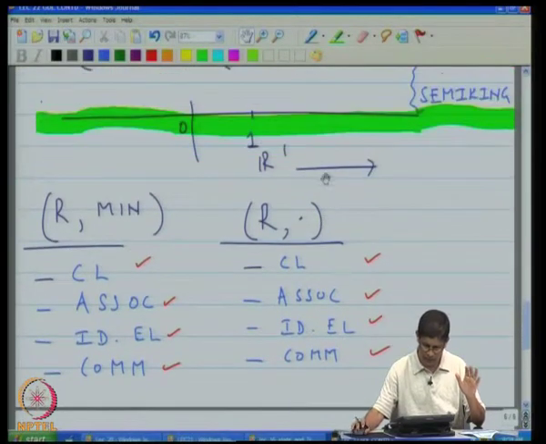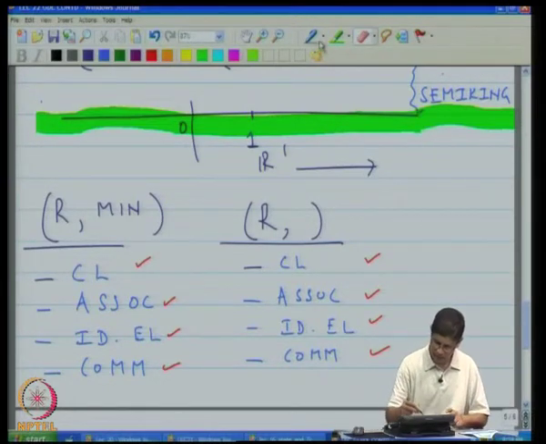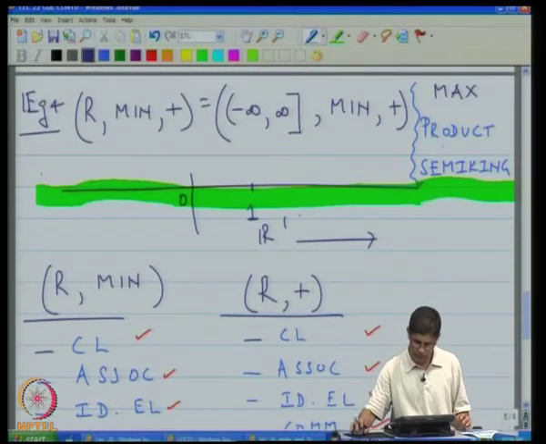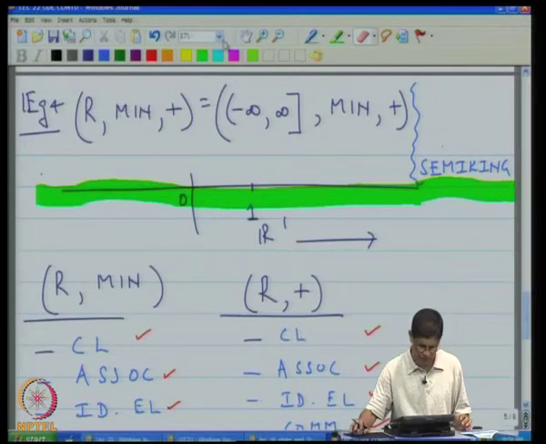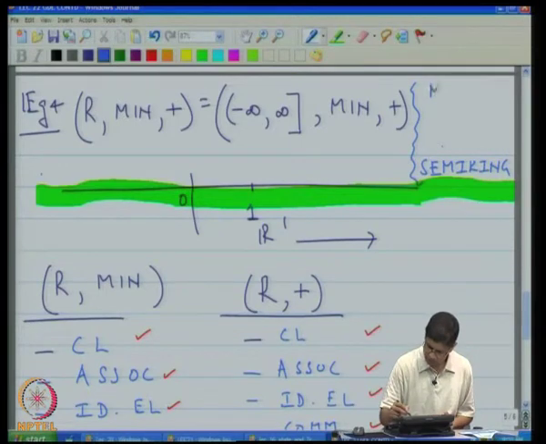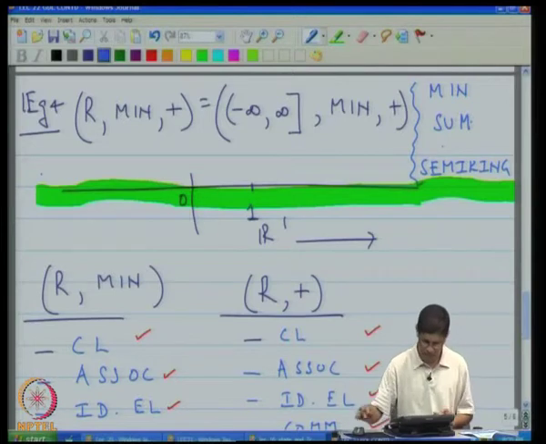The second operation is the sum. So, this is no longer the product, it is the sum. For this reason this semiring is called the min sum semiring.